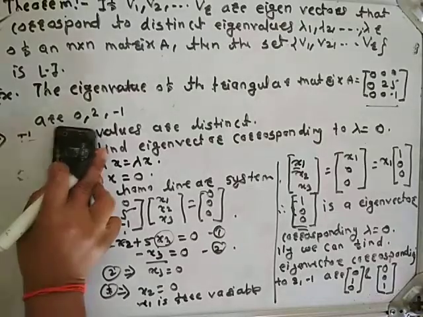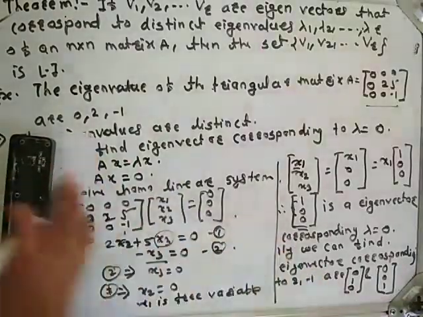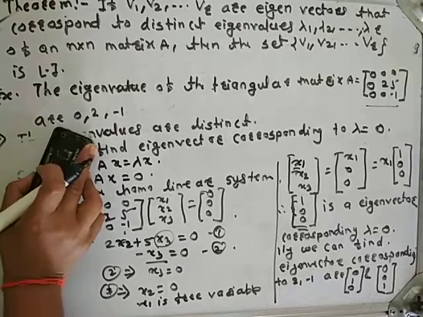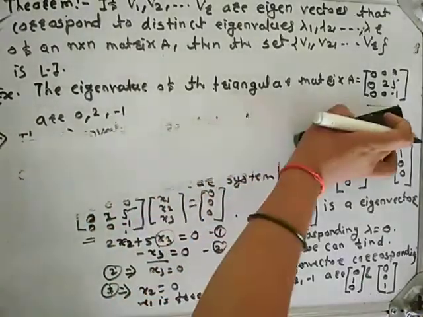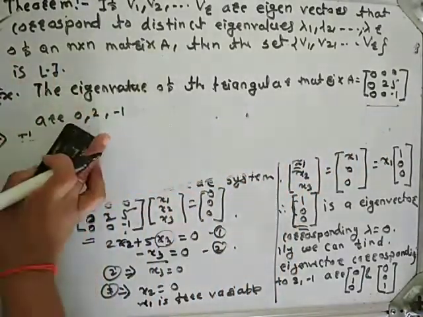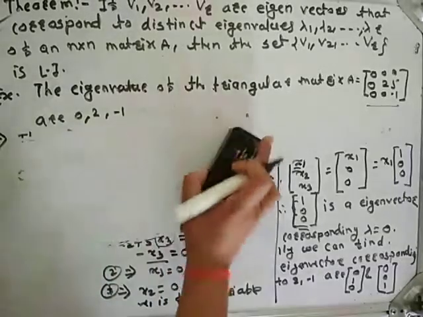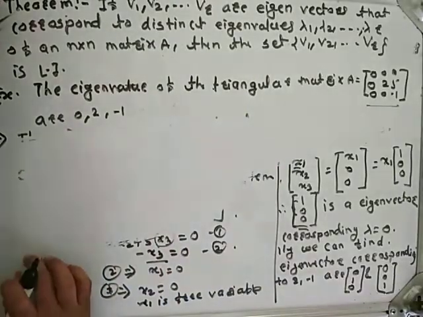Therefore, here we have found eigenvectors corresponding to eigenvalues 0, 2, minus 1. Now we will use the theorem.